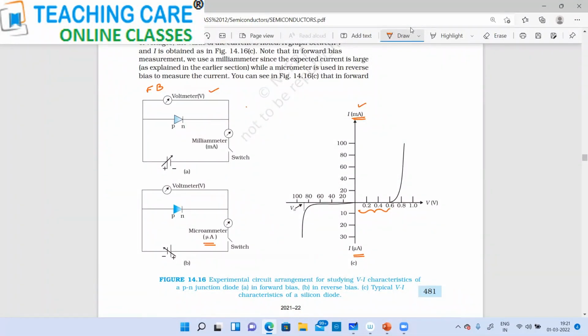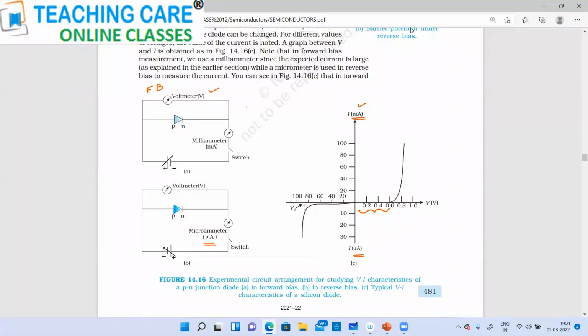When the forward bias becomes greater than the potential barrier, the forward current starts increasing linearly. At this particular point, which is called the knee point or knee voltage, the current increases rapidly above the knee voltage. This is shown here.